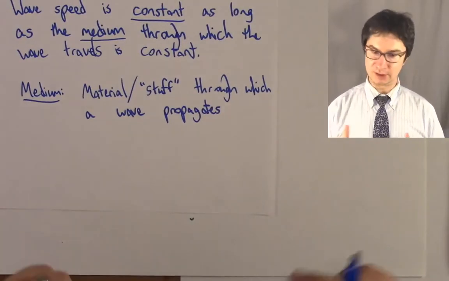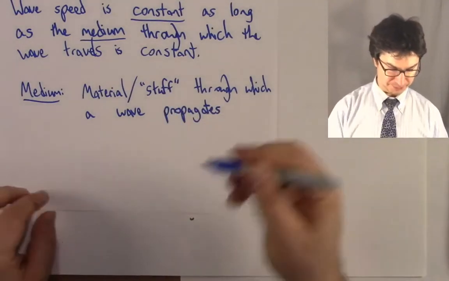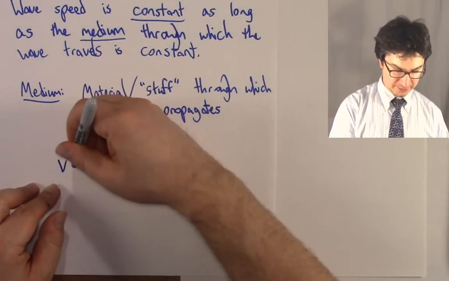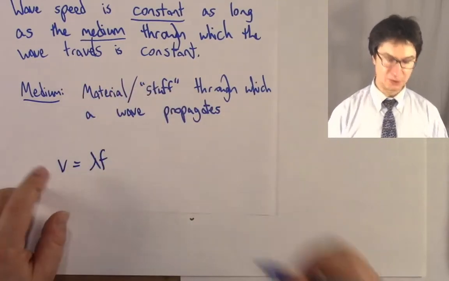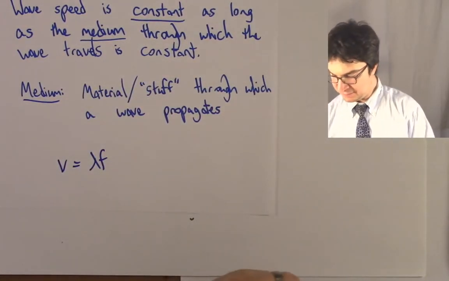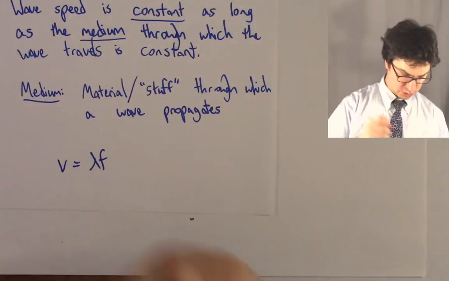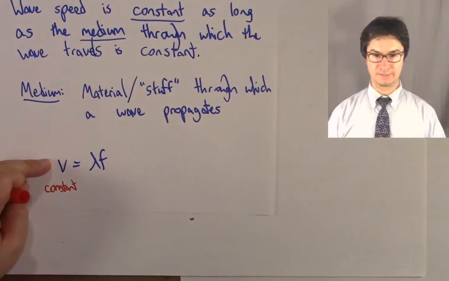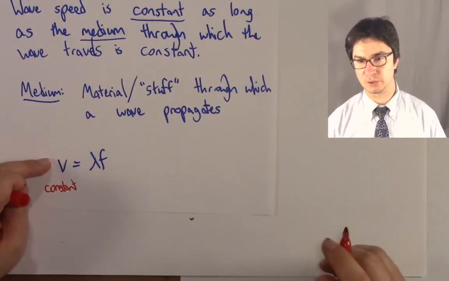Now, the reason that this is so important is because if you were to look at the equation V equals lambda F, and if we were to claim that V is constant, so I'm going to write constant under V right here, I want to ask you the following question.